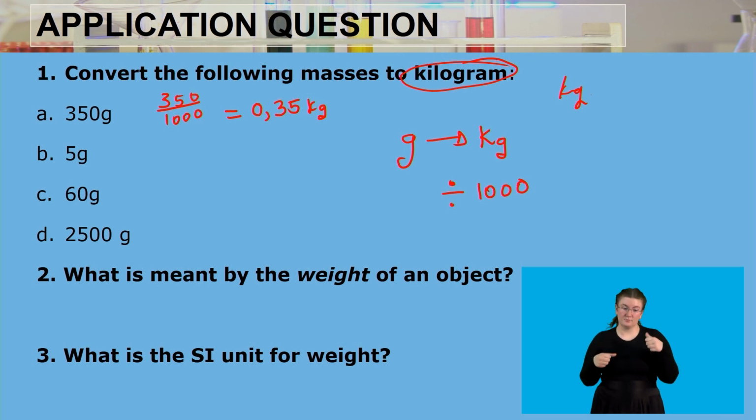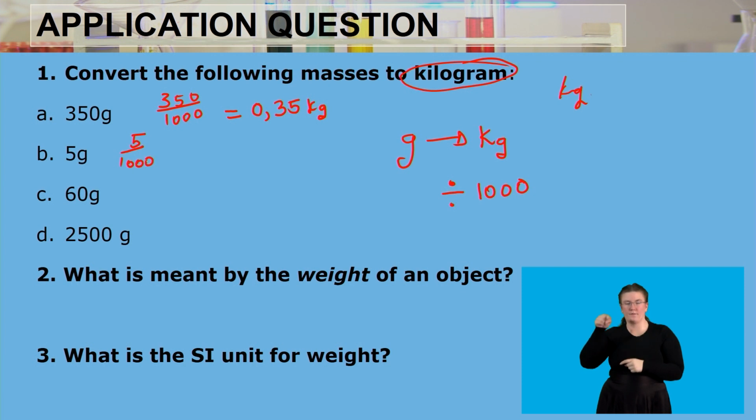And then with the 5 grams, again we're going to say 5 divided by 1,000. This is going to give us 0.005. And this is going to be our kilograms. Next question, we are supposed to convert again 60 grams into kilograms.